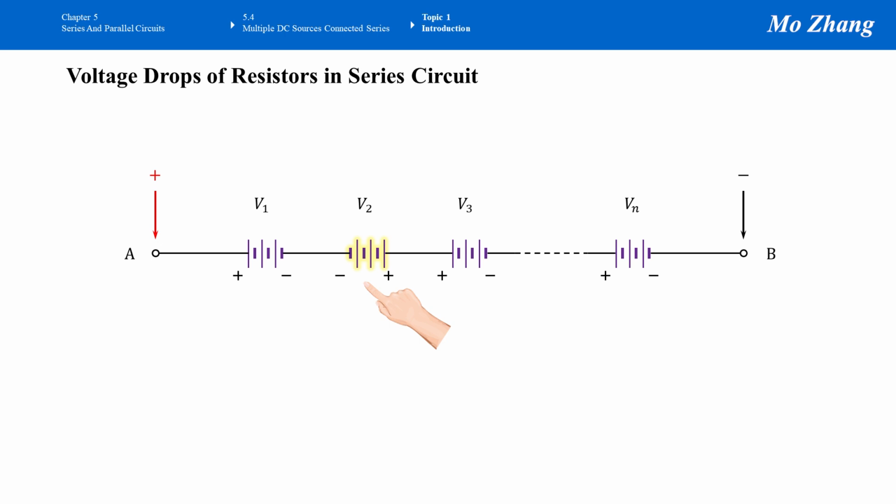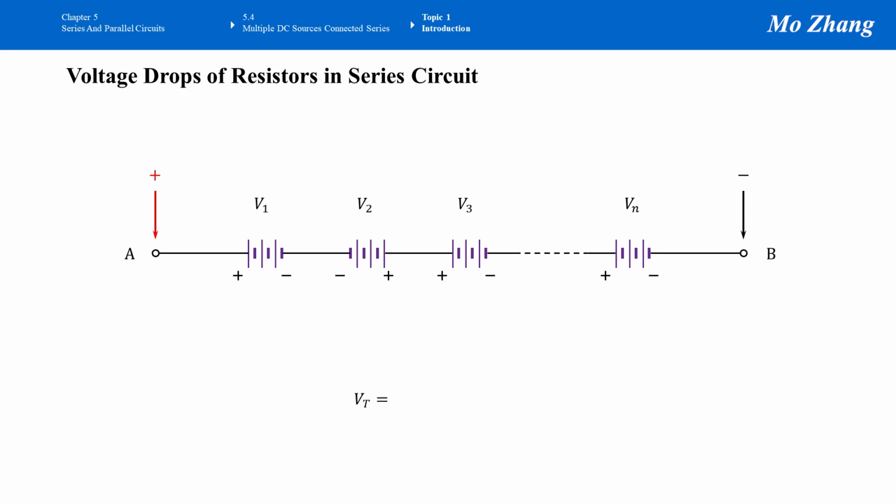Since we flipped V2, in other words, V2 is the only one opposite to the other sources, and we are measuring from A, the positive terminal, towards B. So A is the starting point, B is the ending point.